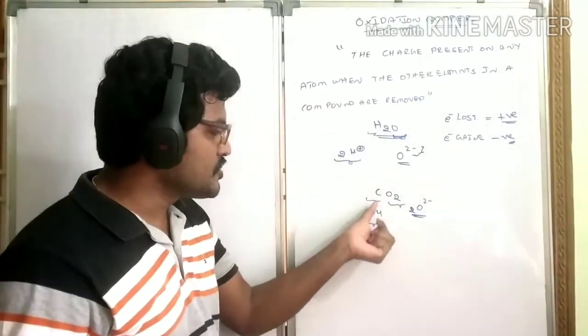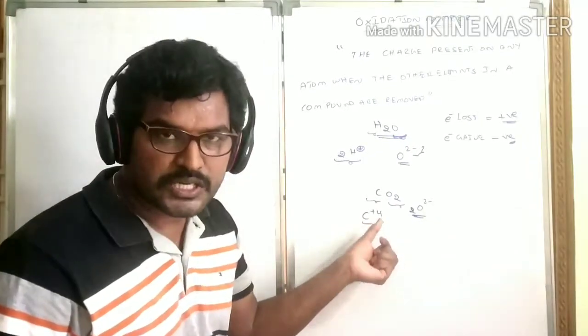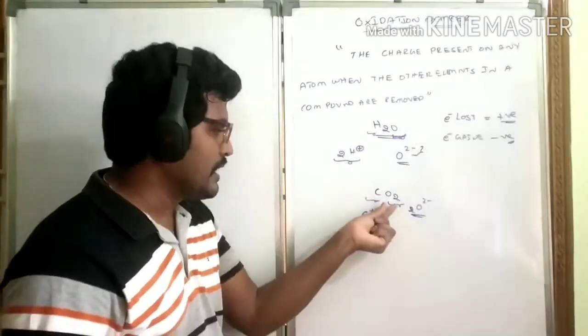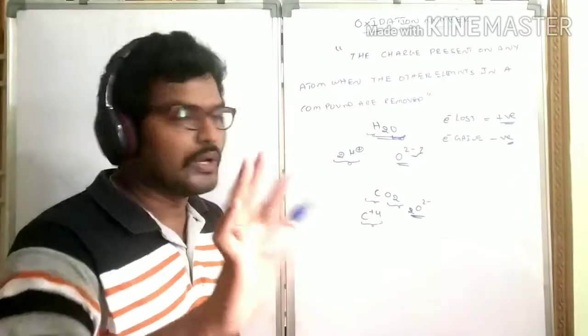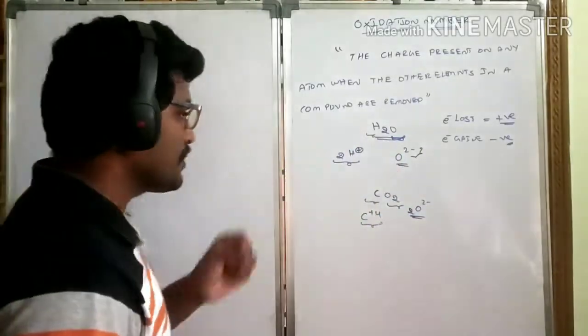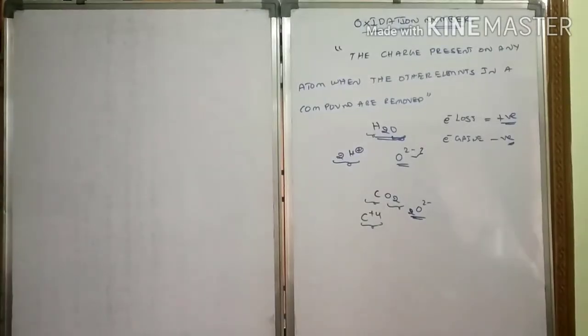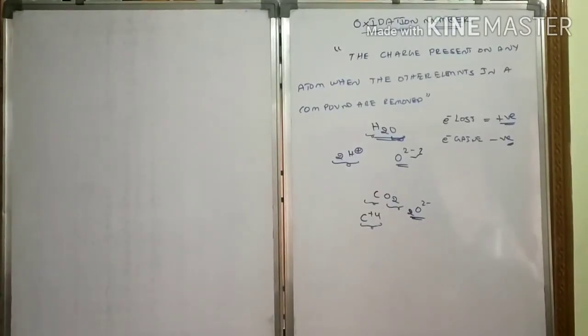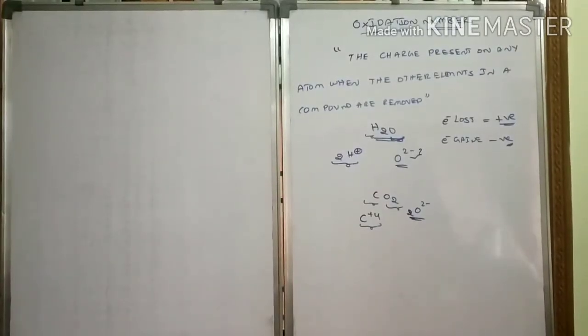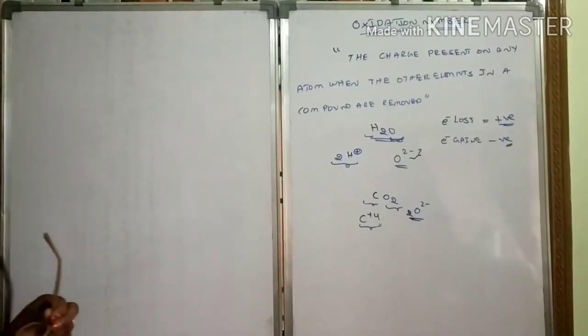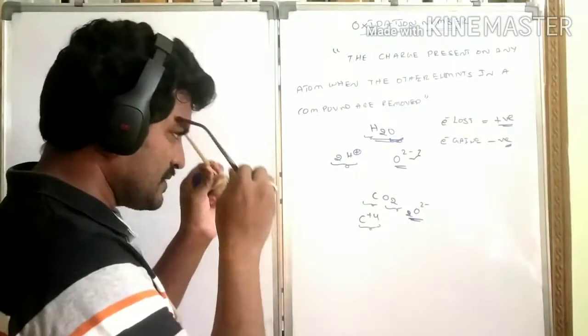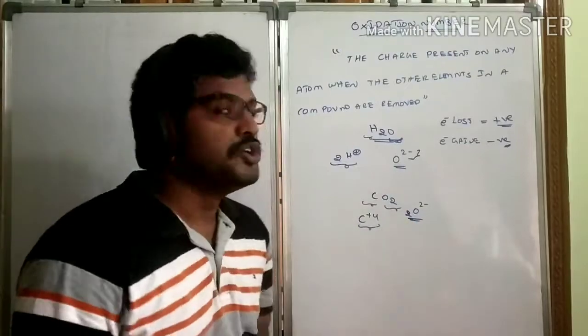Here carbon is showing plus 4 oxidation state. So to form carbon dioxide, carbon lost 4 electrons. Here you see oxygen is bearing minus 2, that means to form H2O it gained 2 electrons. Even in carbon dioxide also, oxygen gained 2 electrons.